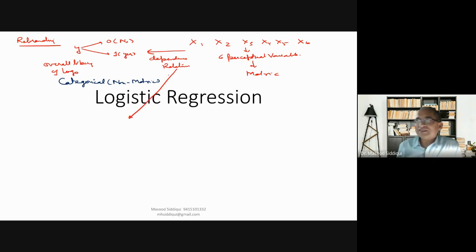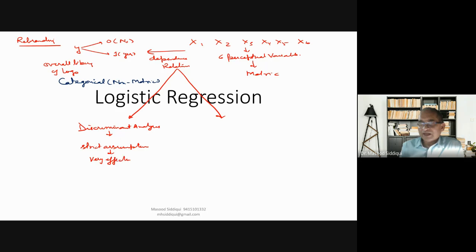Now in this situation, since Y is categorical in nature, there are two tools. One is discriminant analysis, which is based upon strict assumptions. So it is very effective, but has less application because assumptions may not be fulfilled in a number of situations.